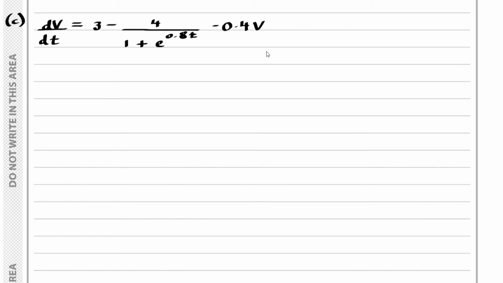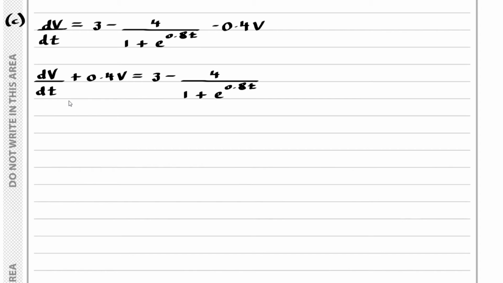We need to write this in an integrable form. And if we write this in an integrable form, what we have to consider is the integrating factor in all this. So, we have dV over dt plus 0.4V equals 3 subtract 4 over 1 plus e to the 0.8t.